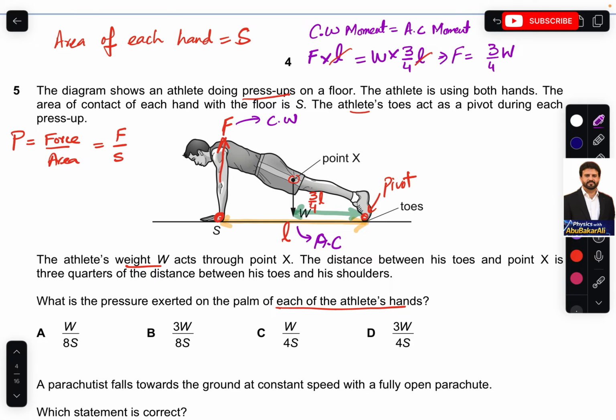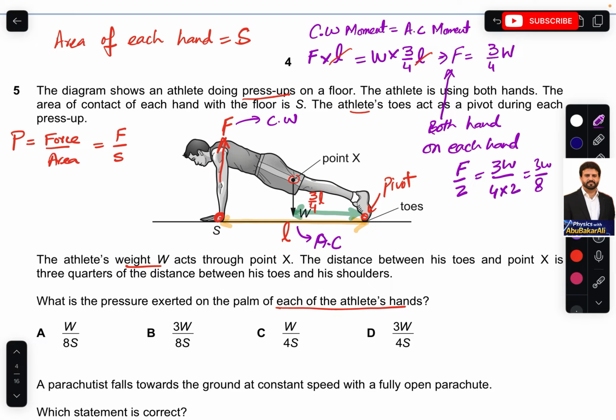This force is acting on both the hands. So on each hand, it will be half of this, that will be F/2. So it is 3W by 4, and this will be 3W by 8.